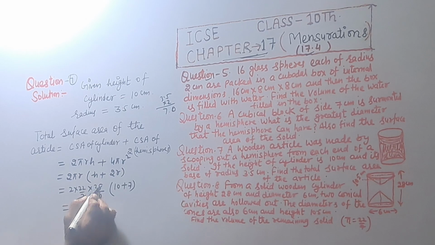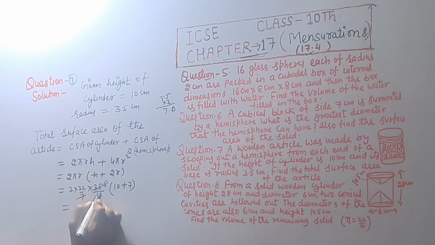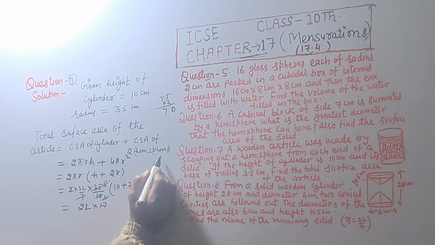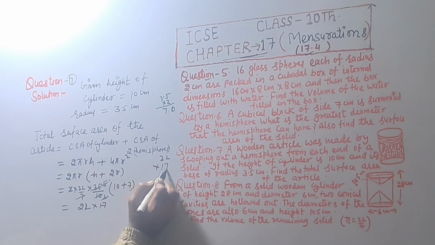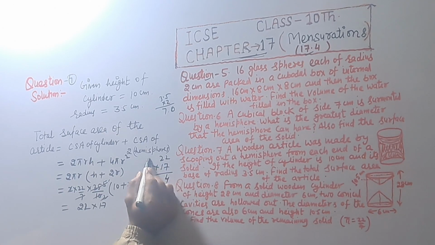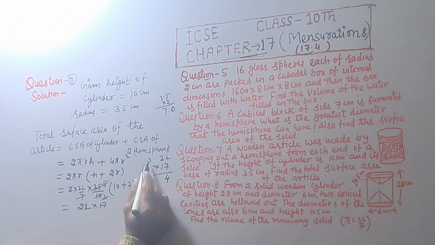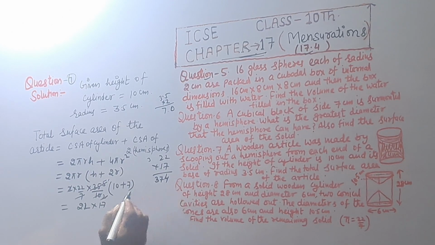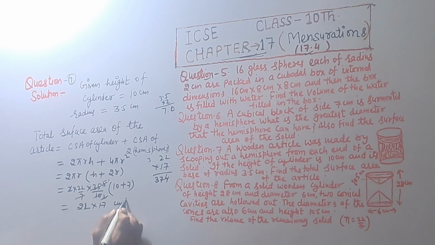And 5 7s are 35, 5 1s are 5, 5 2s are 10, 2 2s are cancelled, and we get 22 into 17. 17 2s are 34, 34 plus 3, 374 centimeter square.